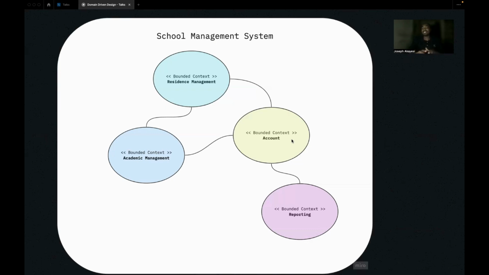And so we can see that within our larger domain of a school, we have these different units that perform very specific roles. And so bounded context allows us to break up the school management system into these different units that perform all of these specific roles. So we have the reporting bounded context, the residency management bounded context, and we can have other bounded contexts as well.